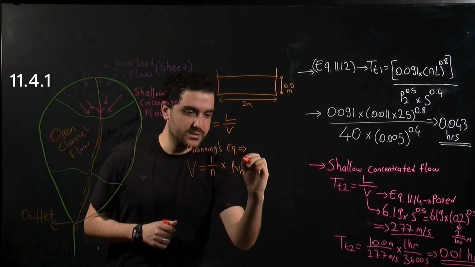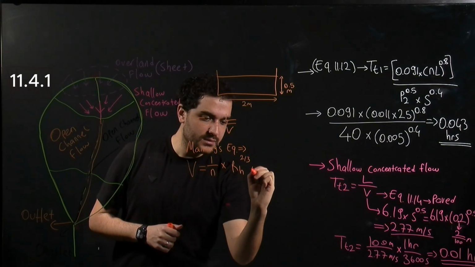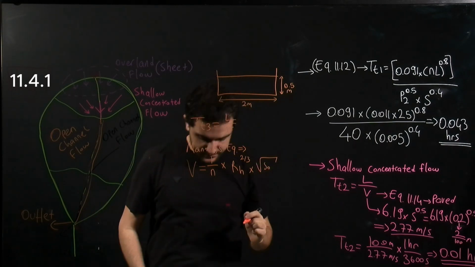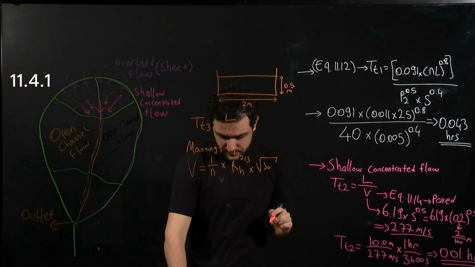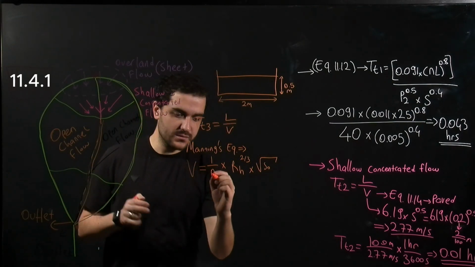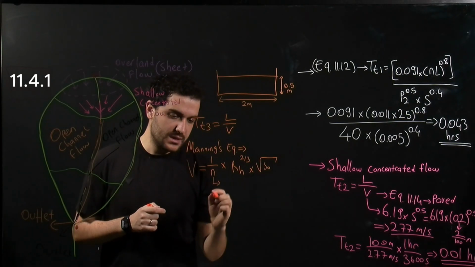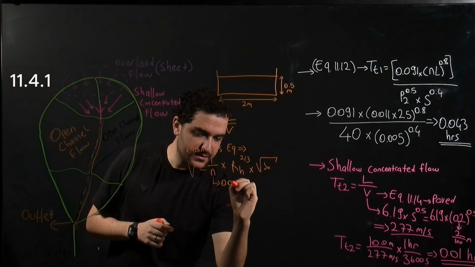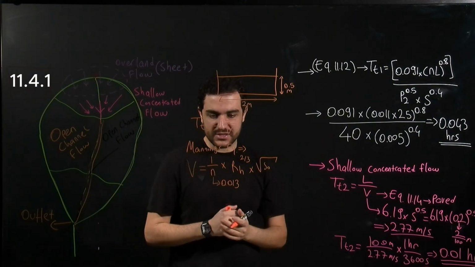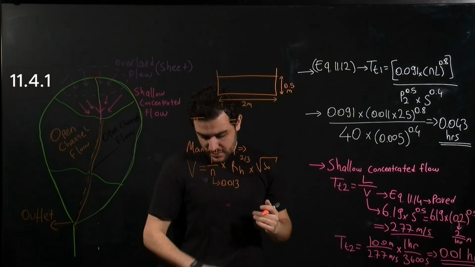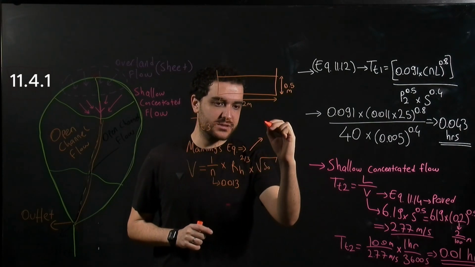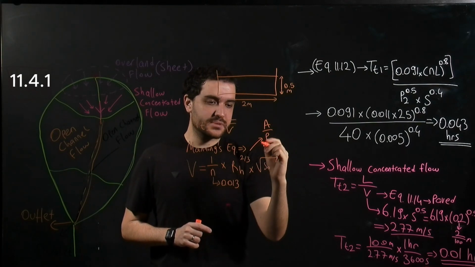So the velocity will be equal to the hydraulic radius, and we have slope. Since this is open channel flow, we can get this n value from the table in your textbook. So it is 0.013, and the hydraulic radius is, if you remember, area over perimeter.